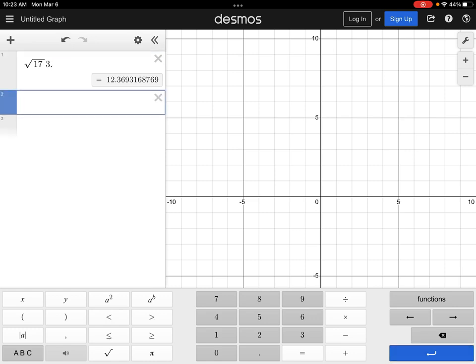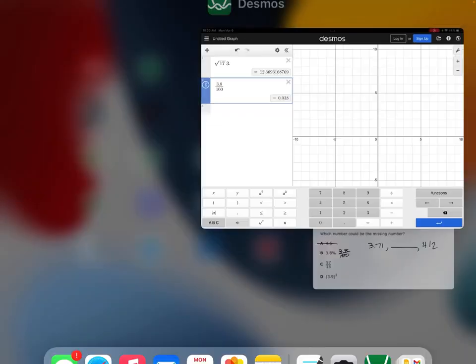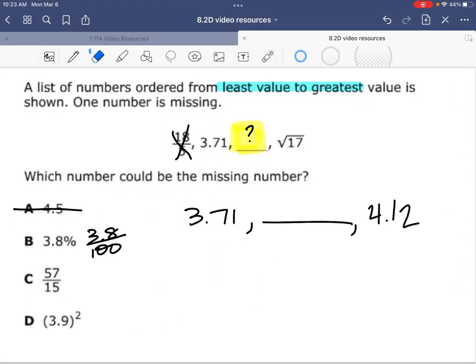Just going to enter 3.8 divided by 100. And I get 0.038. When I go back and look at that, that is not between those two values. So again, I can strike through B.